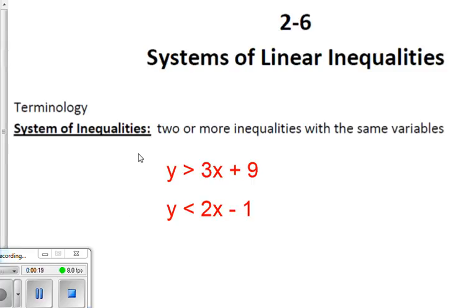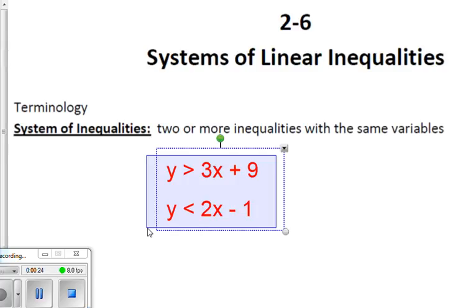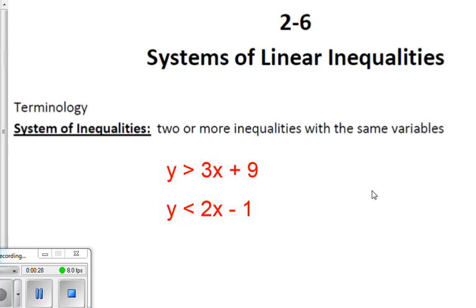So for example, we might have this one here: y is greater than 3x plus 9, or y is less than 2x minus 1. Our solution, with systems of linear inequalities, is not going to be one point.